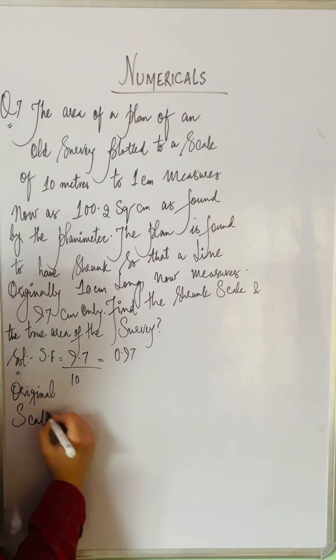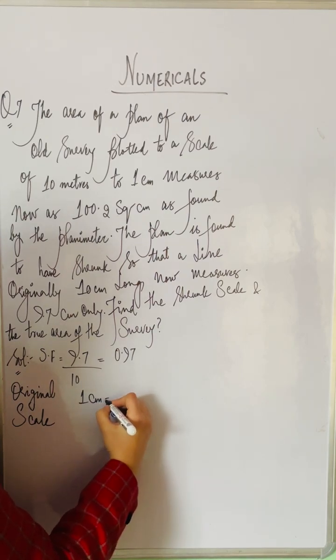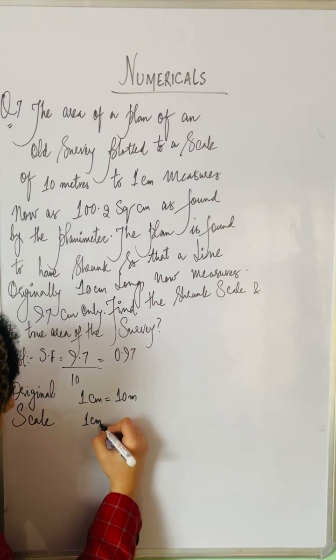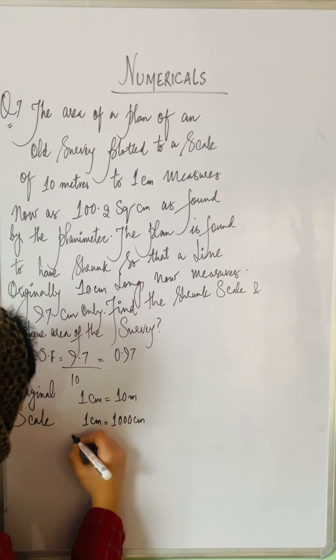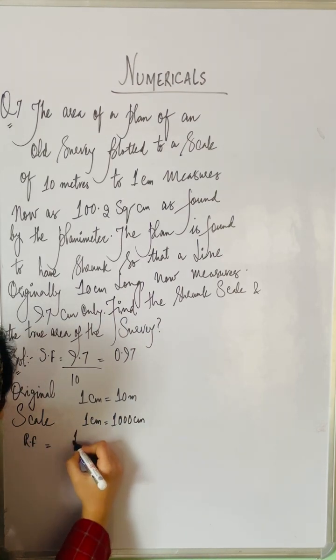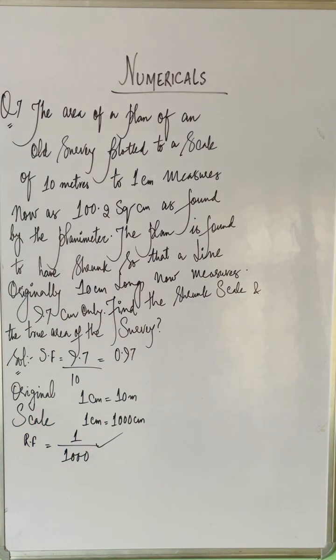Our original scale is 1 centimeter is equivalent to 10 meters, which is 1 centimeter is equal to 1000 centimeters on the ground. So our original RF is 1 by 1000, right? Our original RF is 1 by 1000.